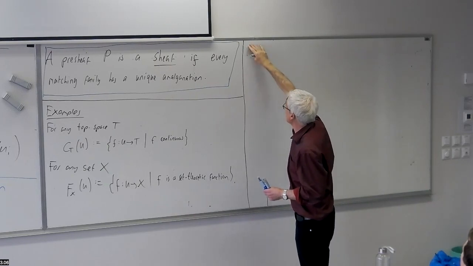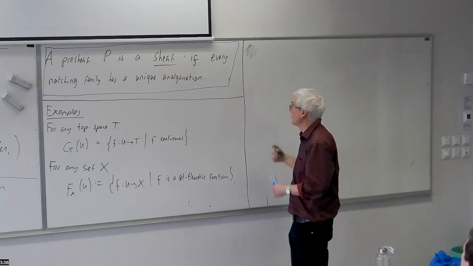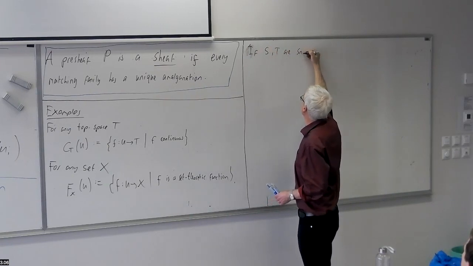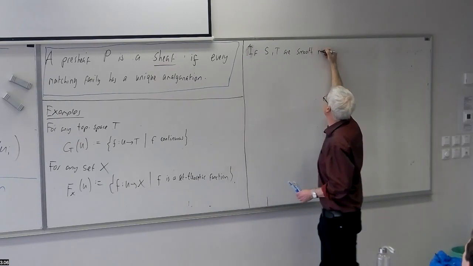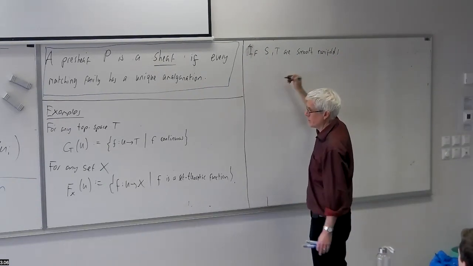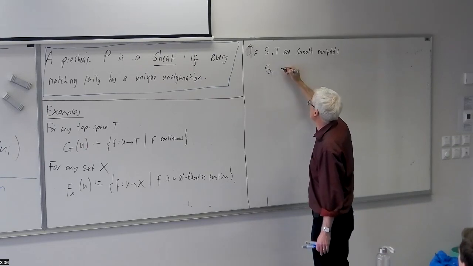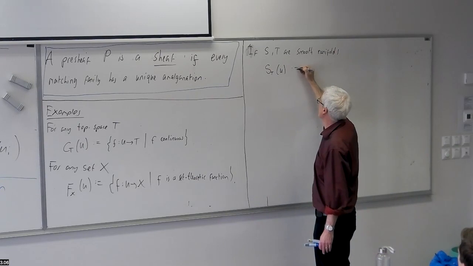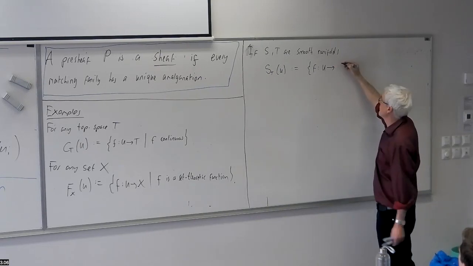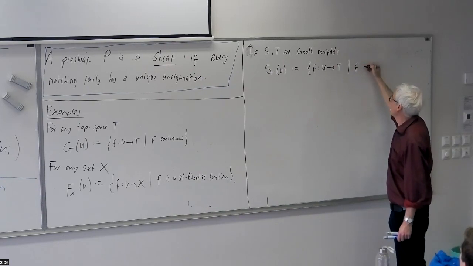If we restrict to the case that our background space S and T are smooth manifolds, then we have a sheaf of smooth functions. Let's call this S sub T, the sheaf of smooth functions defined on an open set U, which are again functions f from U as a subspace of the manifold S into the smooth manifold T, such that f is smooth.